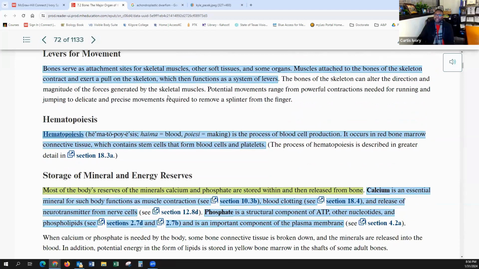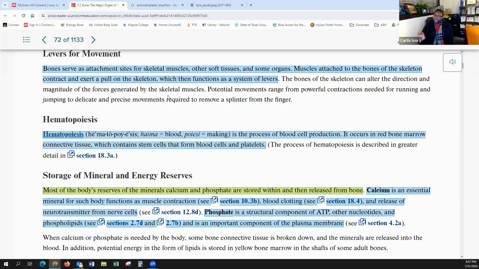Now, like I said in the beginning of the video, bones serve a lot of different purposes. One of the biggest ones is hematopoiesis. The prefix hemato refers to blood, and poiesis refers to making. So essentially, your bones are your blood factories.